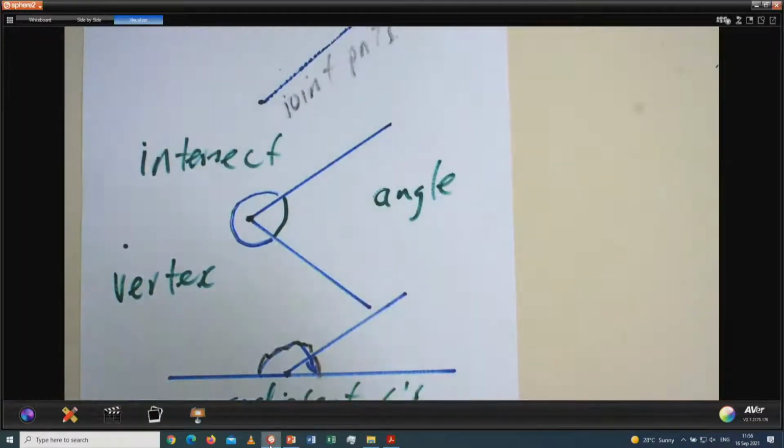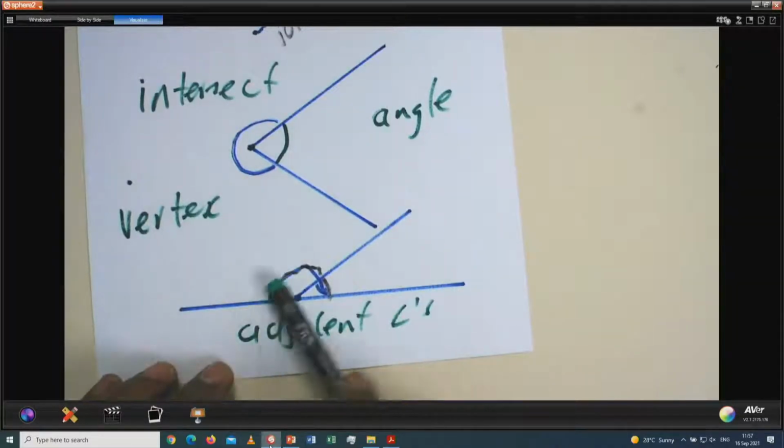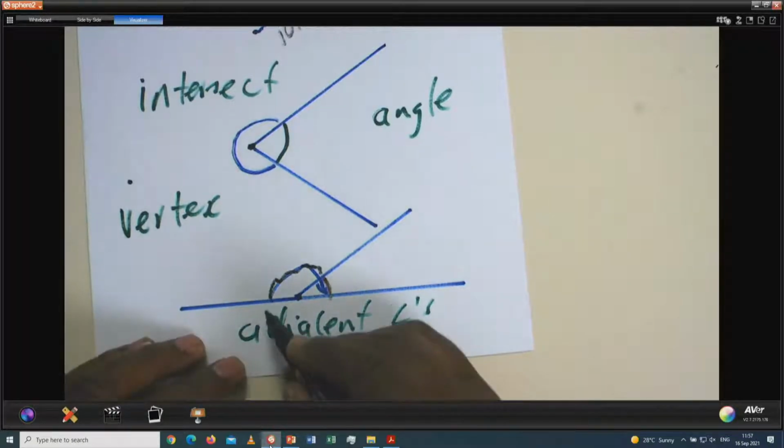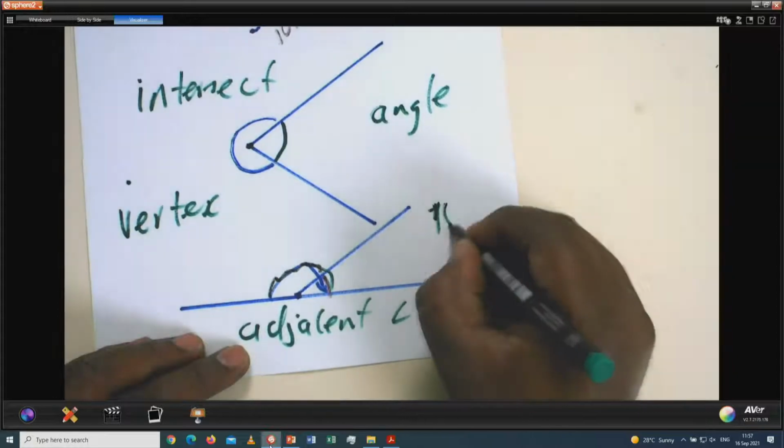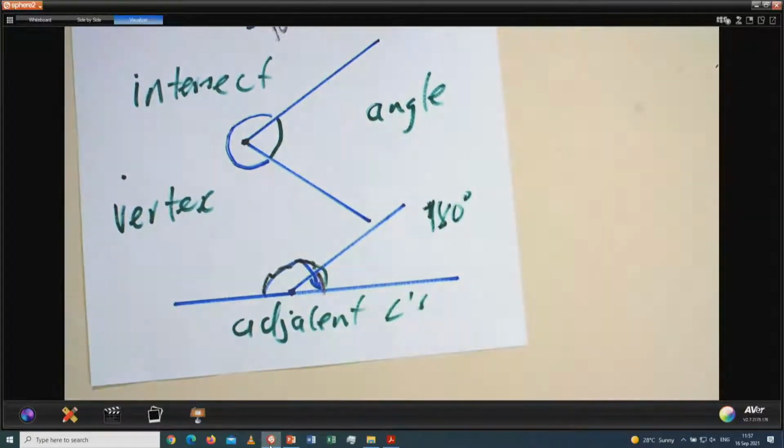Even if you forget, it will come naturally. Just analyze what you see in front of you. And remember, what did we say? We said this angle, the straight line angle, when we measure it, gives you 180 degrees.